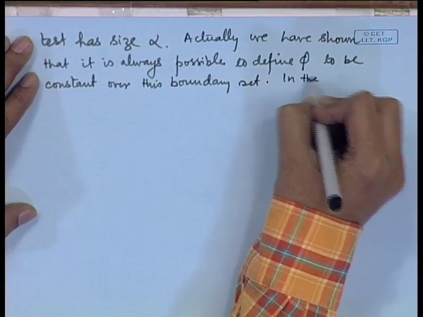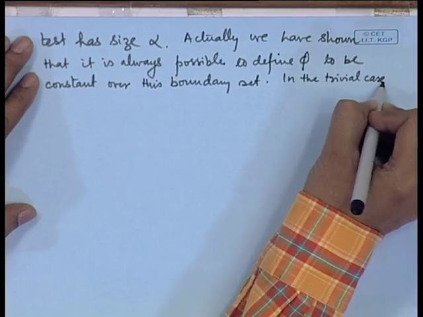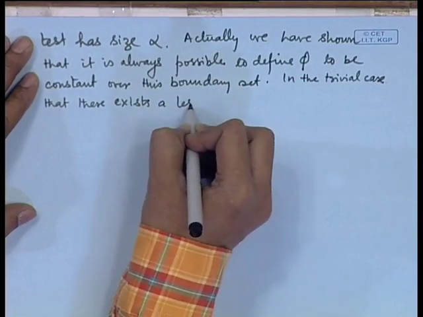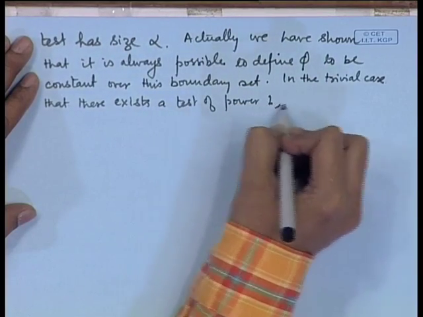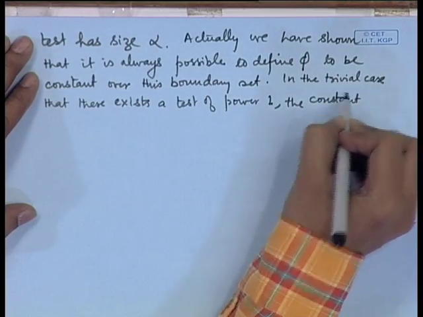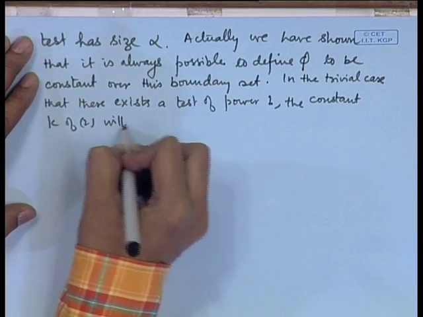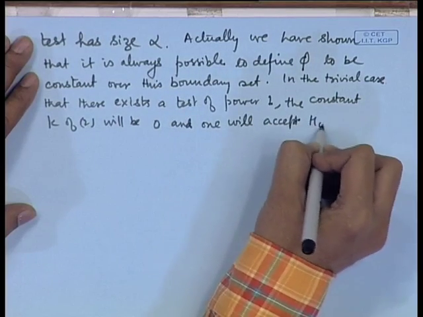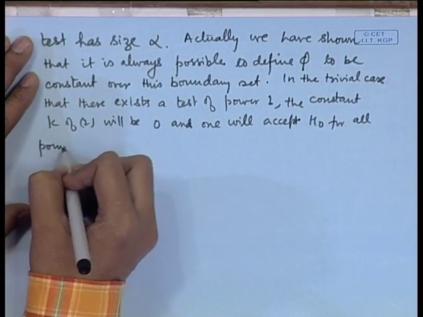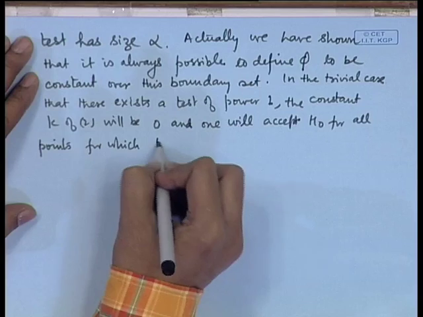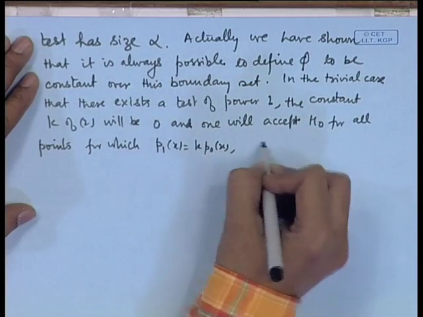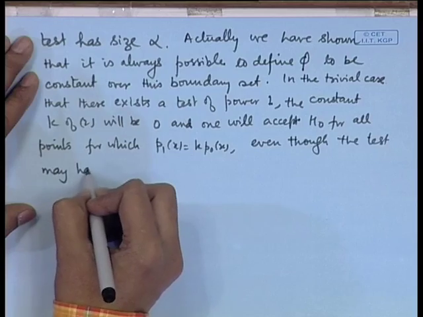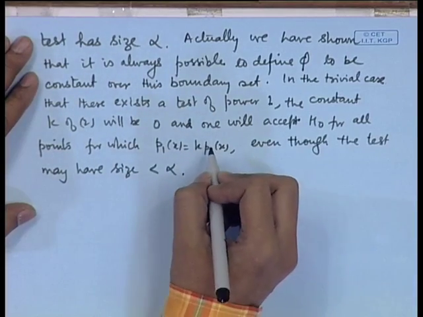In the trivial case, that there exists a test of power 1, the constant k of 2 will be 0 and 1 will accept H naught for all points for which p 1 x is equal to k p naught x, even though the test may have size less than alpha.